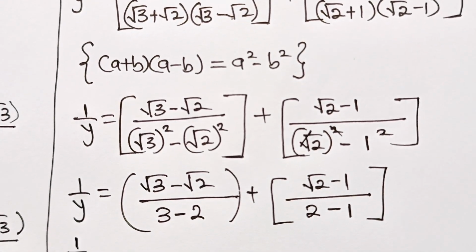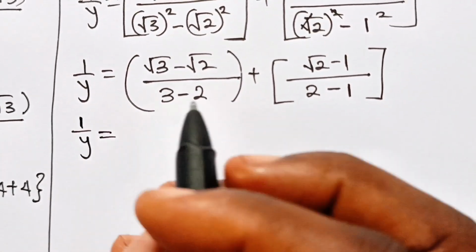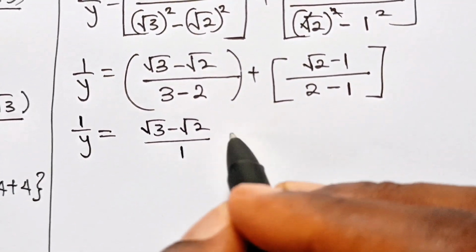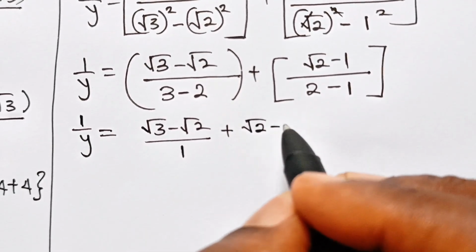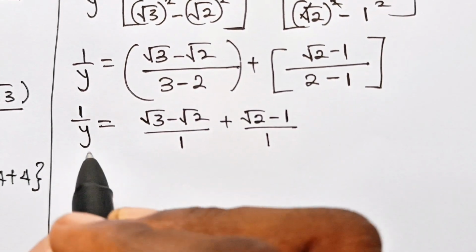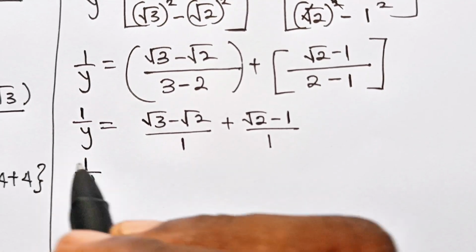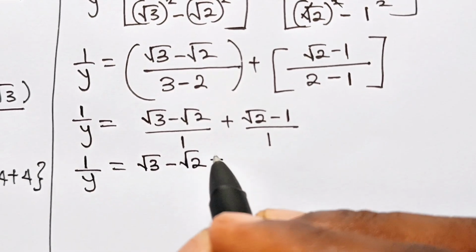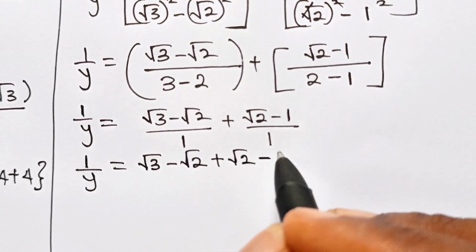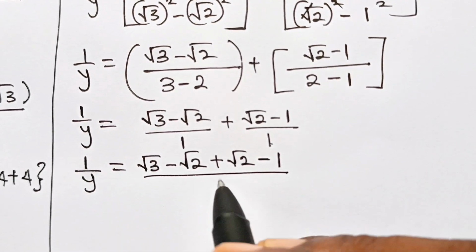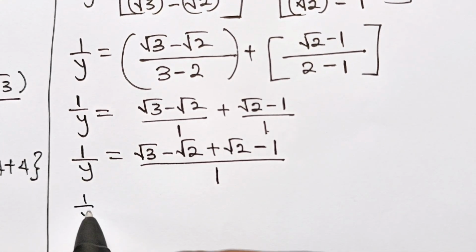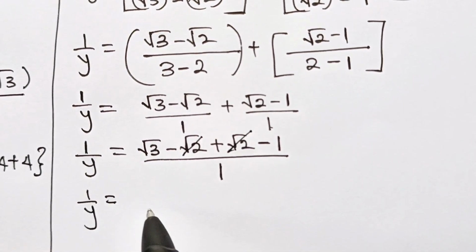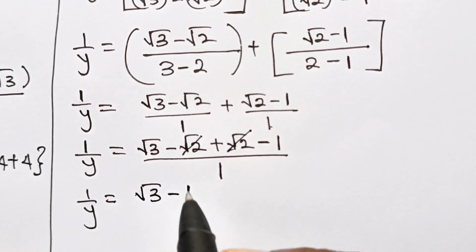So we have 1 over y is equal to root 3 minus root 2 divided by 1 plus root 2 minus 1 divided by 1. So we can write this as 1 over y is equal to root 3 minus root 2 plus root 2 minus 1. They share the same denominator, so over 1. So 1 over y is root 3 minus root 2 plus root 2 is 0. So we have root 3 minus 1.